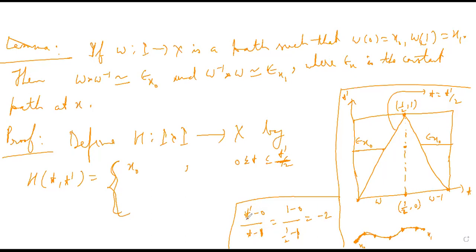So this will give you t equal to 1 minus t prime upon 2.